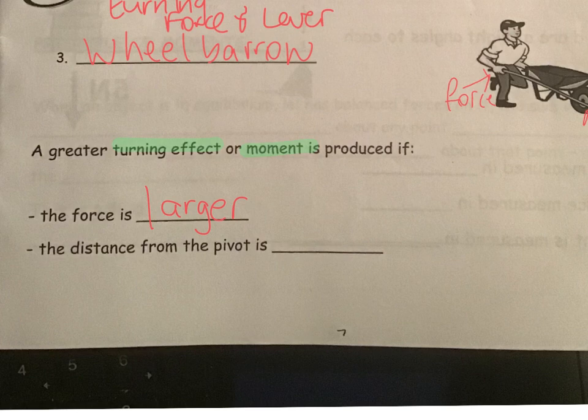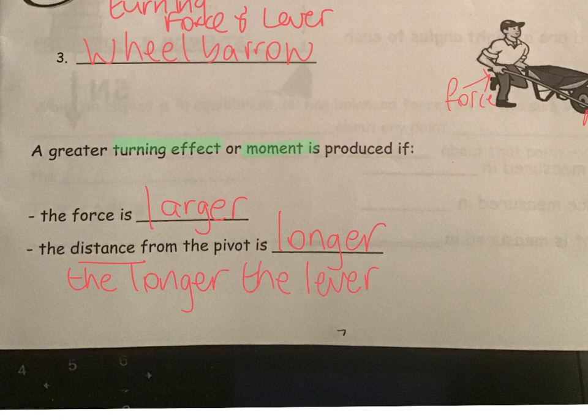Or the most important one, and this reduces the amount of force that needs to be put in, is when the distance from the pivot is longer. Basically, the longer the lever, or the distance from the pivot, the greater the turning force.